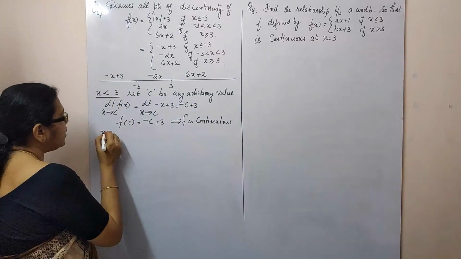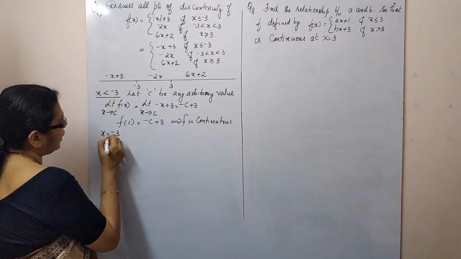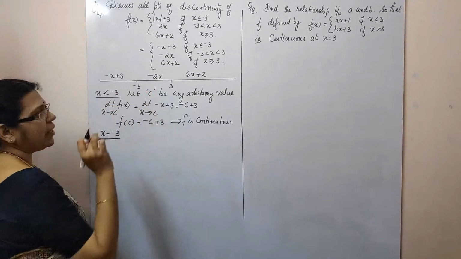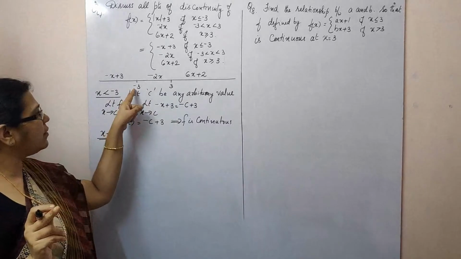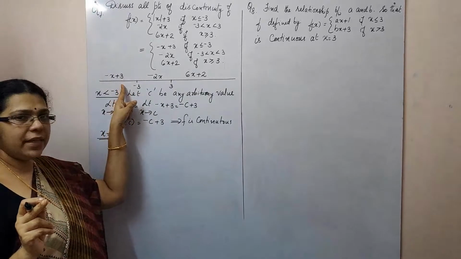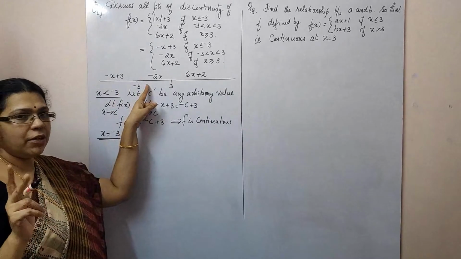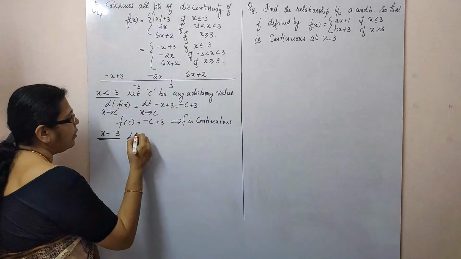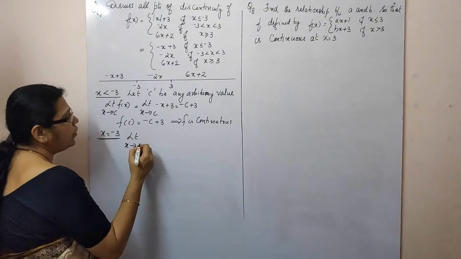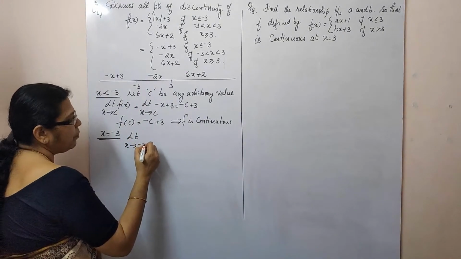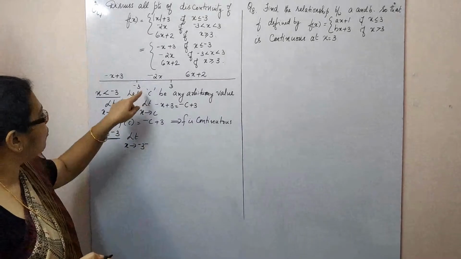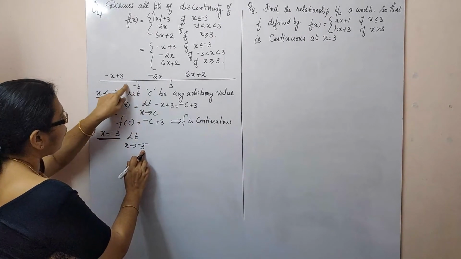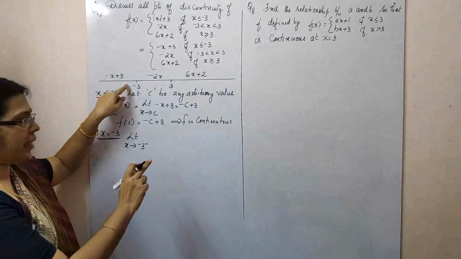Now, discussing for x is equal to negative 3. When I discuss negative 3, what is the importance there? On the left of negative 3 and on the right of negative 3, the functions are two different expressions, isn't it? So, I have limit x tends to minus 3 minus of f of x, which means x is moving to negative 3 from the left hand side.